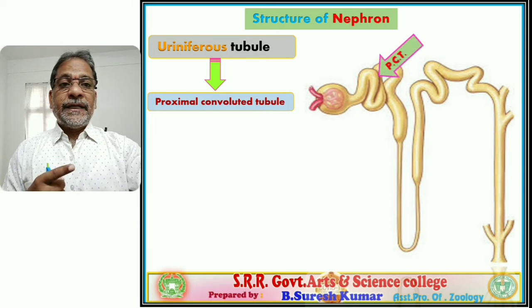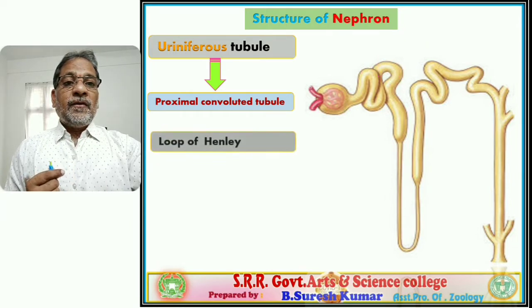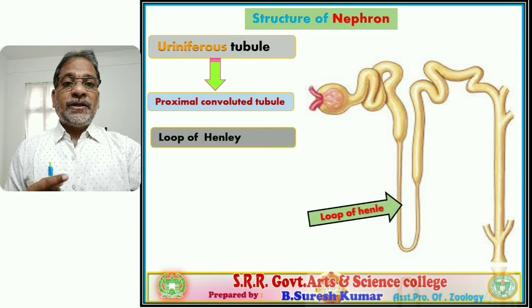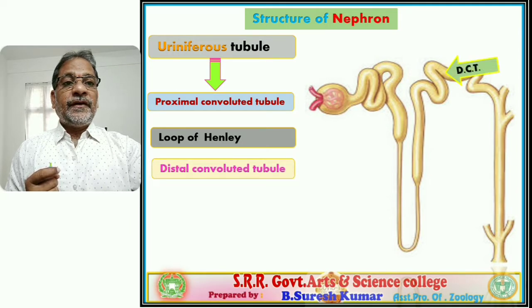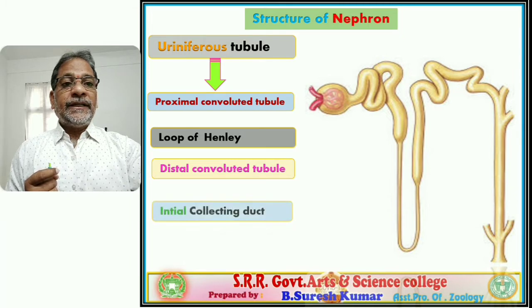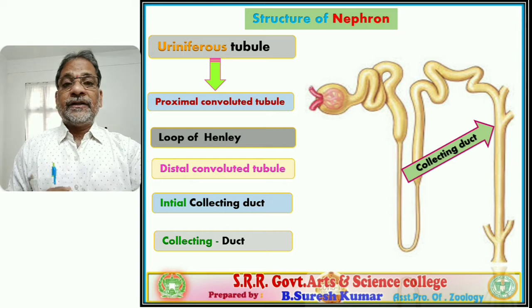You verify it in the diagram. And the second one, the loop of Henle. You trace it out, this is the loop of Henle. And next, the distal convoluted tubule. You verify it, and then the initial collecting duct, and ultimately it leads into the collecting duct. This is the collecting duct.